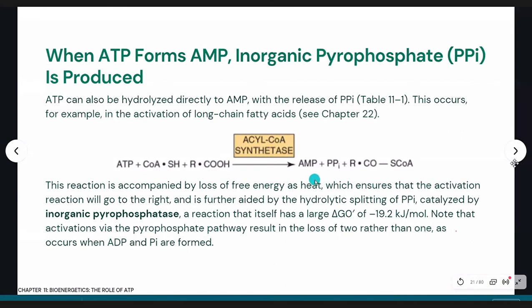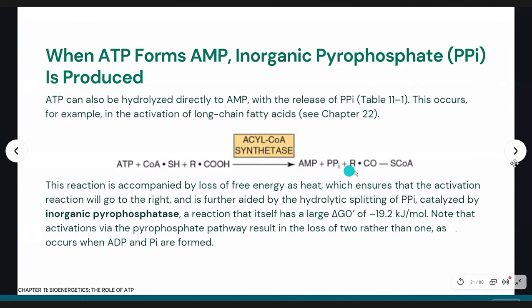The fatty acid is here with the coenzyme A attached to it. What is spent? Two high energy phosphate bonds. Pyrophosphate is removed from ATP, so that ATP becomes just AMP.